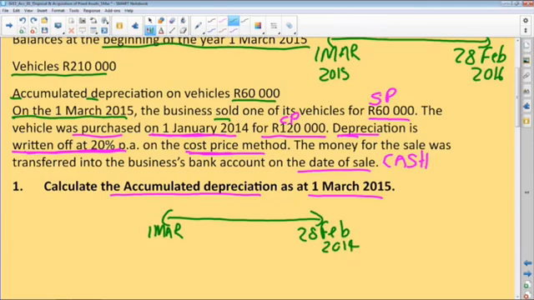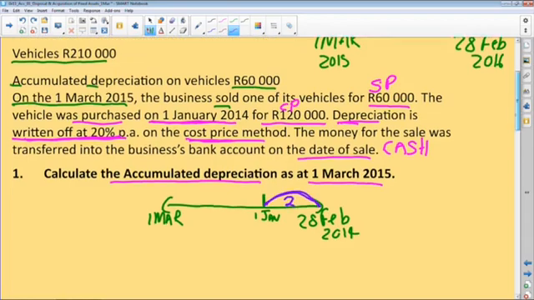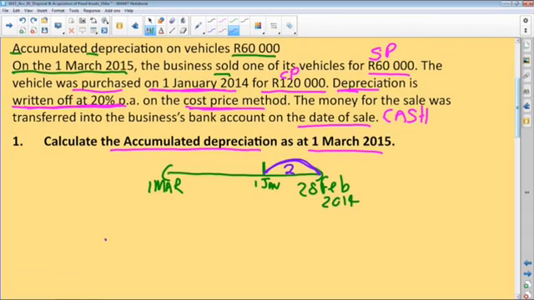So the asset was purchased somewhere here on the 1st of January 2014. So I've used the asset for this time frame only. I've used the asset for 2 months. So let's look at our calculation in terms of the first financial year.